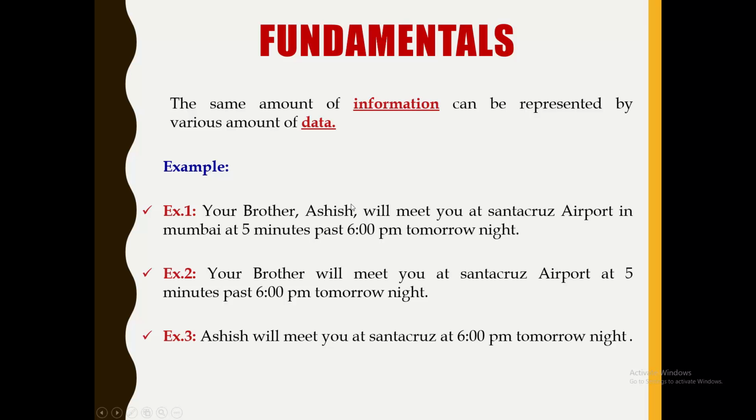Your brother will meet you at Santa Cruz airport. Here you do not need the name Ashish, and we remove Mumbai and 5 minutes past 6 p.m. tomorrow night. That has the same information which you are conveying in example number 1. There is another way to represent the same information: Ashish will meet you at Santa Cruz at 6 p.m. tomorrow night. That has more or less the same information, and it needs less memory as compared to the previous two.